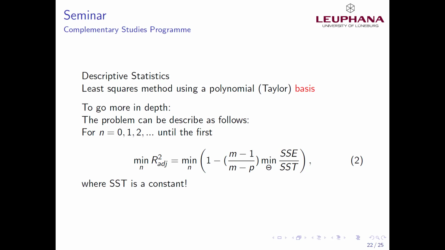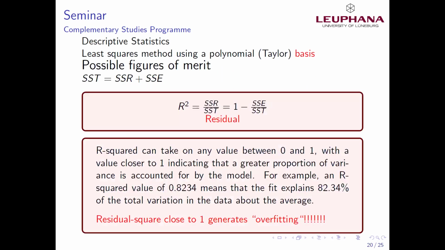Because in general, the minimum of R square, or in this particular case, the R square adjusted, represents somehow the minimum of SSR, because R square, so defined, is basically SSR divided by SST, in accordance with a sufficient number of measurements.